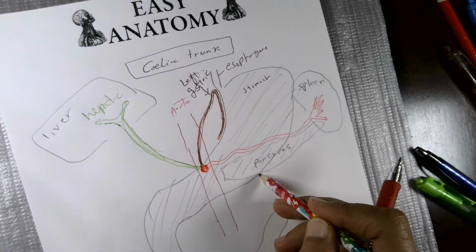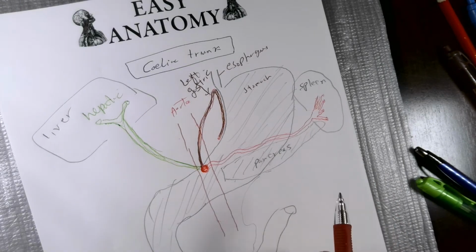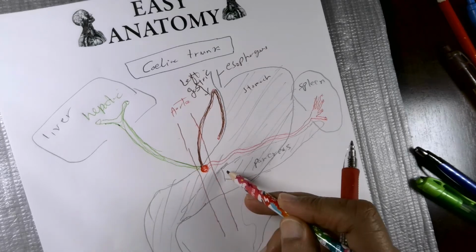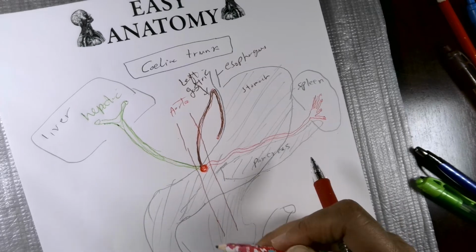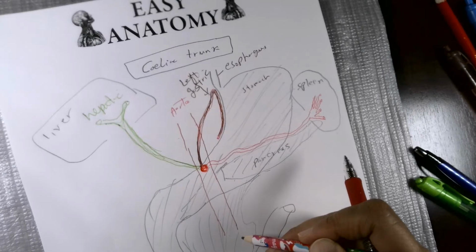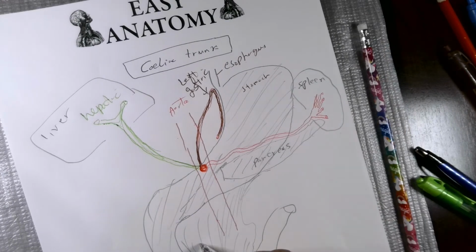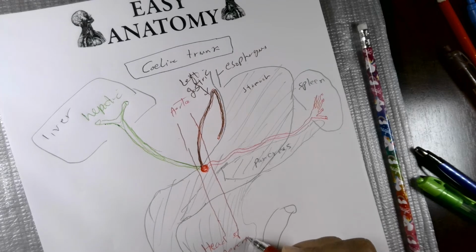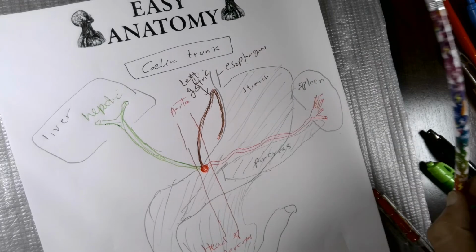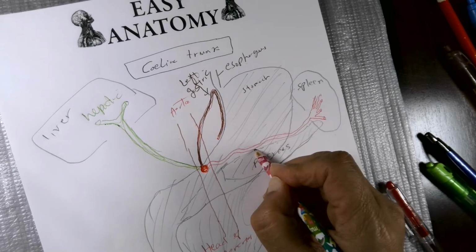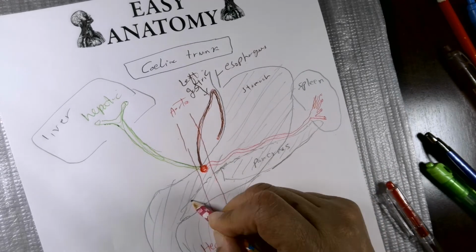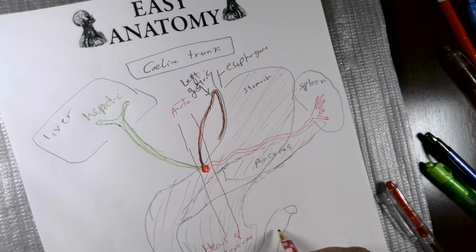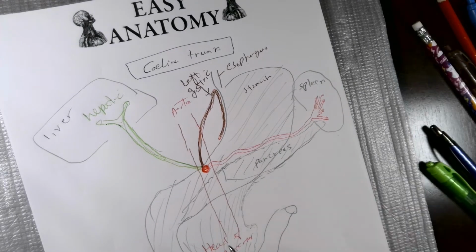If you remember, this is going to be the head of the pancreas. So this is the pancreas: tail, body behind the stomach, and then you have the tail of the pancreas, and the head of the pancreas and the uncinate process.